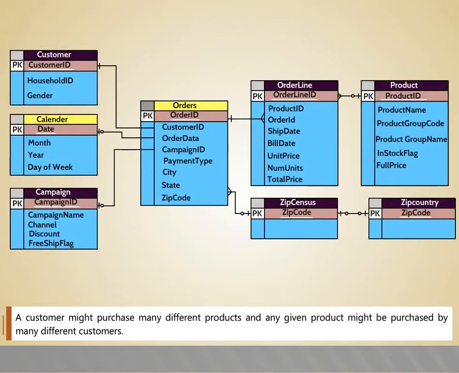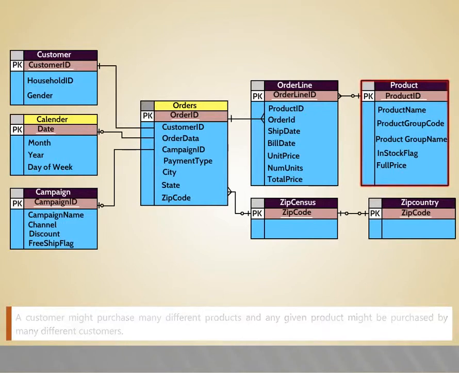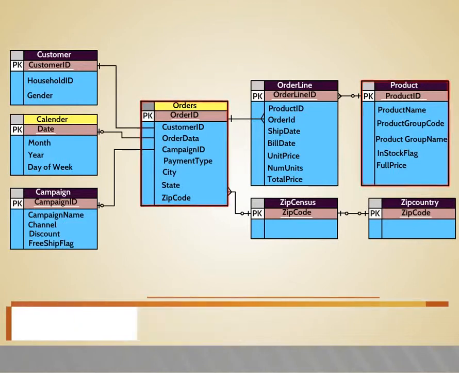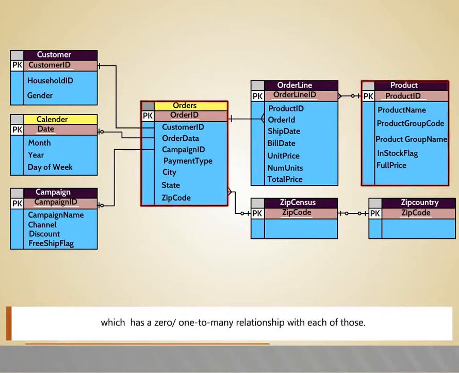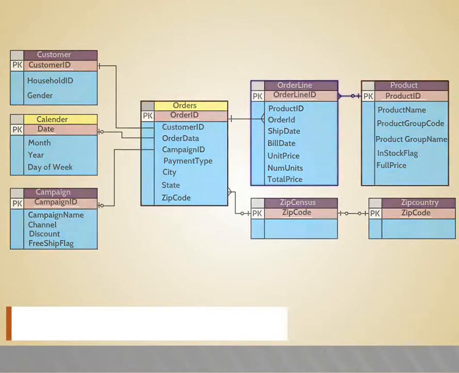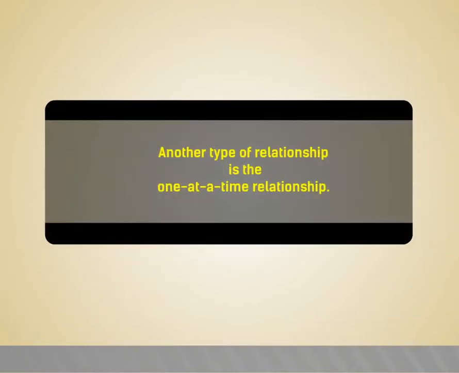A customer might purchase many different products, and any given product might be purchased by many different customers. In fact, the purchase dataset does not have a many-to-many relationship between orders and products. This relationship is represented by the order line entity, which has a 0 or one-to-many relationship with each of those. Another type of relationship is the one-at-a-time relationship.